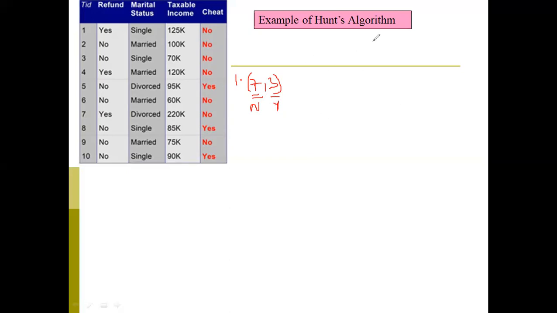And coming to the second step, now we are going to start the construction of a decision tree. In step 2, I'm going to take refund as a root node.